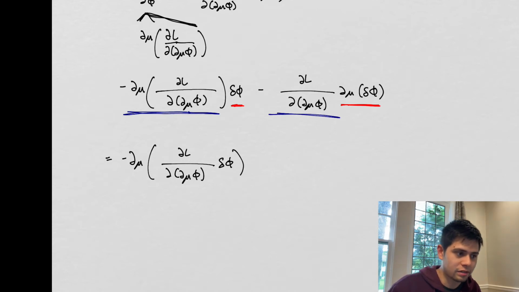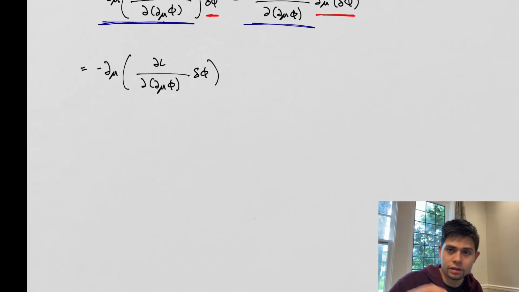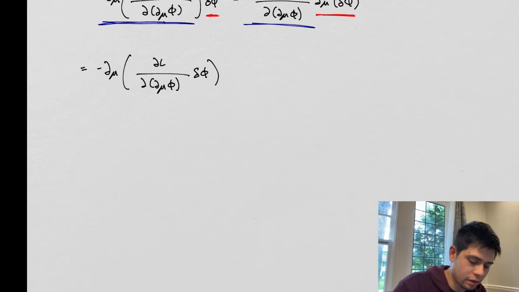Now let's contrast this with what we had last time, because I tend to like comparing and contrasting things because it really puts things in perspective for me. So this here is our internal symmetry that we've come to.